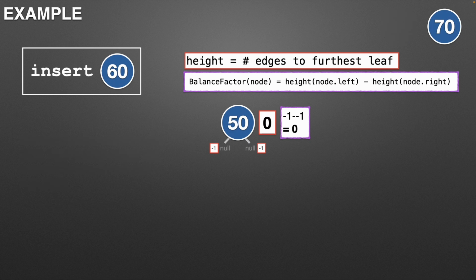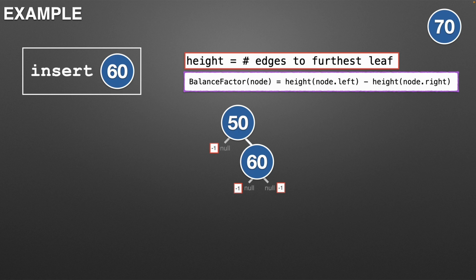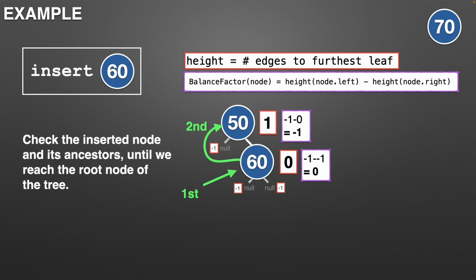Okay, so now let's insert 60. So we add 60, binary search tree principle says that goes to the right, and it's got some null children. And so we're going to go ahead and compute this as well. We've inserted 60. We'll compute the balance factor for it, which is -1 minus -1, we get 0 there. Then we're going to go up the chain until we get to the root.